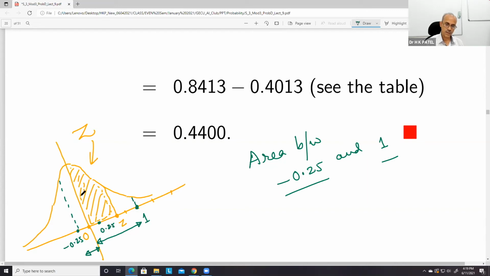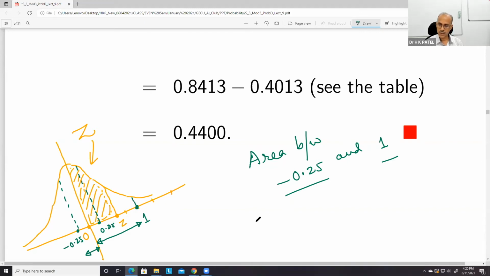Okay, because the curve is symmetric, and therefore these two areas are the same. So area between 0 and 0.25, and area between 0 and minus 0.25, both areas are the same. Okay, but this area you can find in the table.